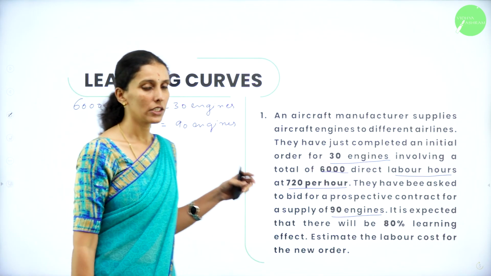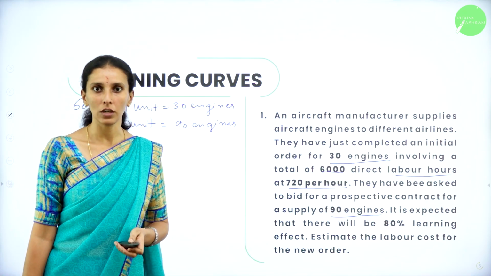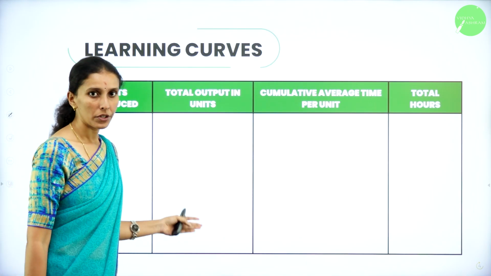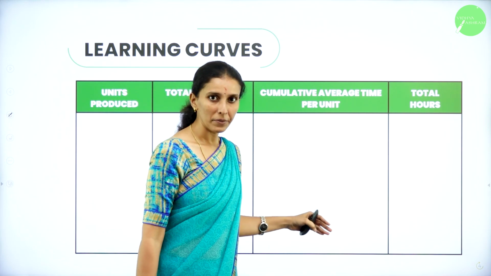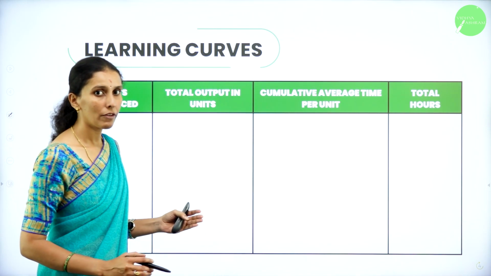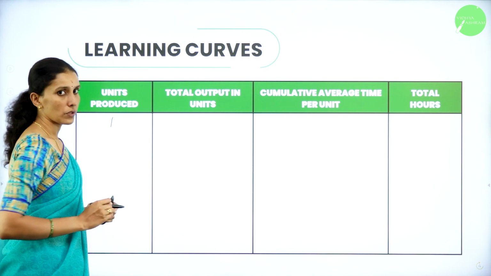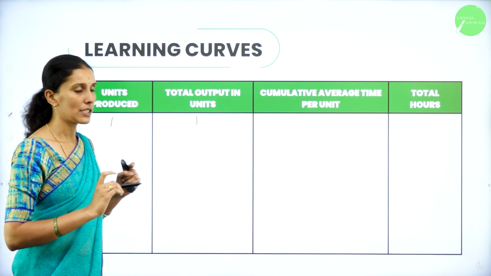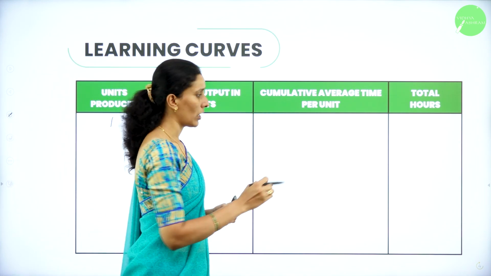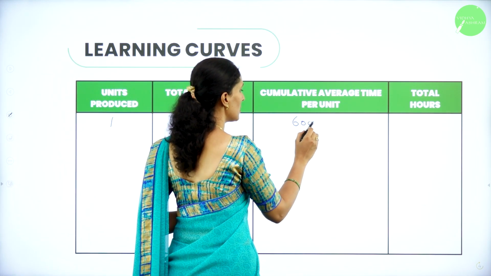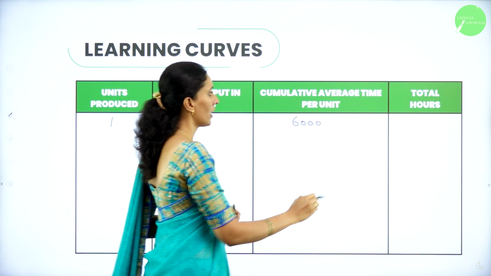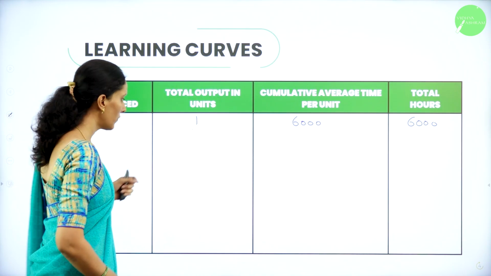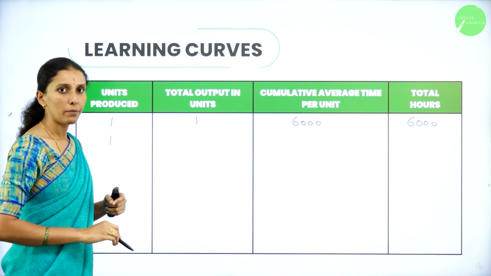Now let us calculate the total labor hours along with the total cost. Here we have units produced, total output in units, cumulative average time per unit and total hours. How will we find it? For 1 unit to produce, that is 30 engines, total output is also 1. And the cumulative time taken was 6,000 hours. So 6,000 into 1, it is 6,000. Next, again, we will produce 1 more unit.